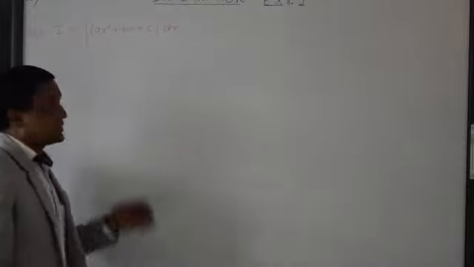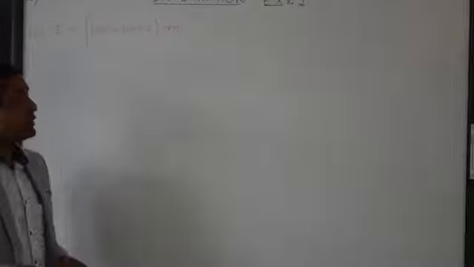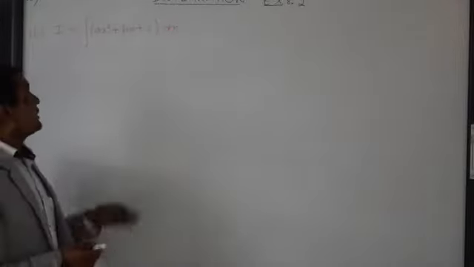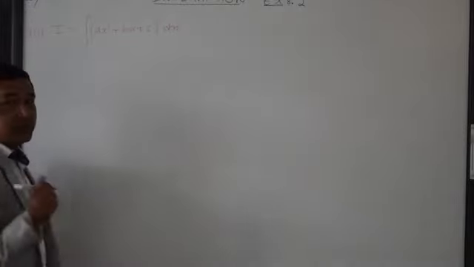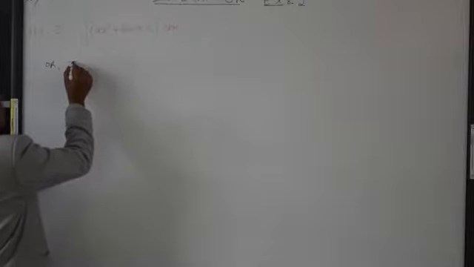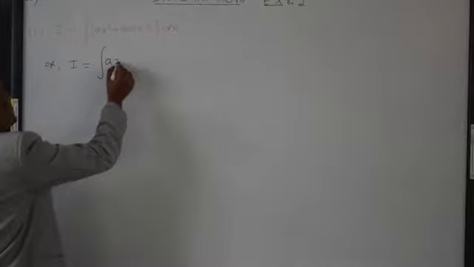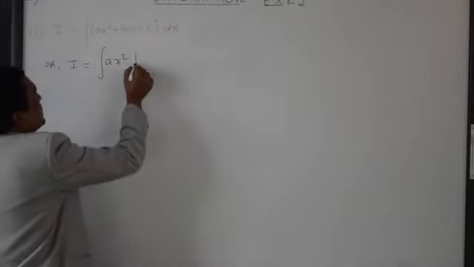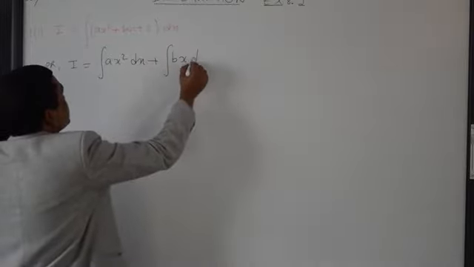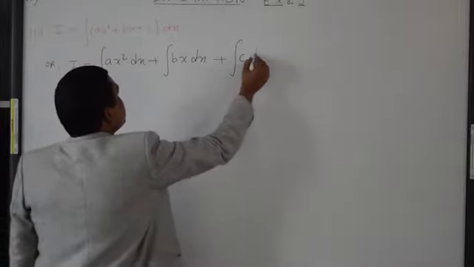Now this is a question in simple form, so that you can do it directly by using the integration formula. Before doing it directly, just separate the integration for each term. I equals integration of ax squared dx plus integration of bx dx plus integration of c dx.